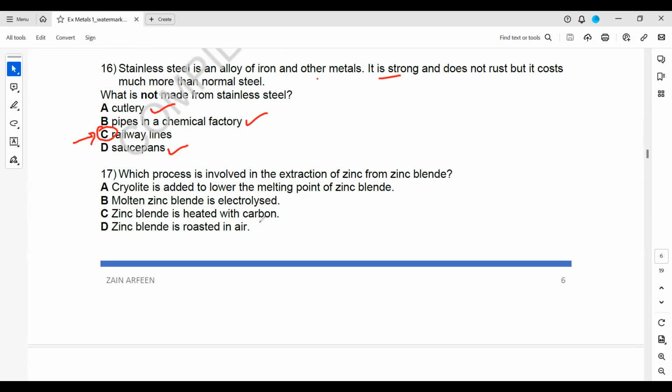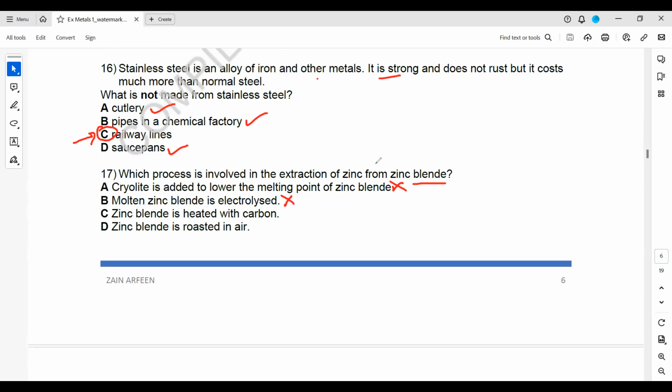Which process is involved in the extraction of zinc from zinc blende? Cryolite is not added. Molten zinc blende is electrolyzed? No, we don't do electrolysis. Zinc blende is heated with carbon? No, zinc blende is not initially heated with carbon.